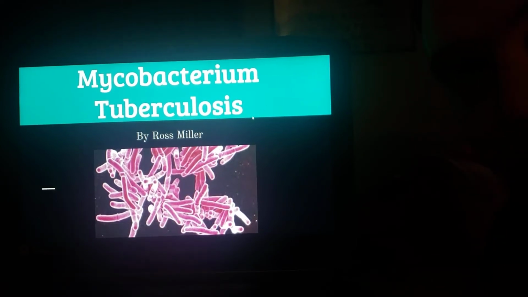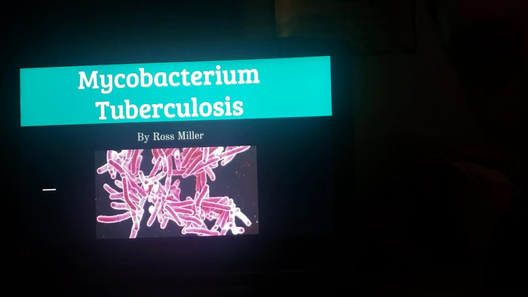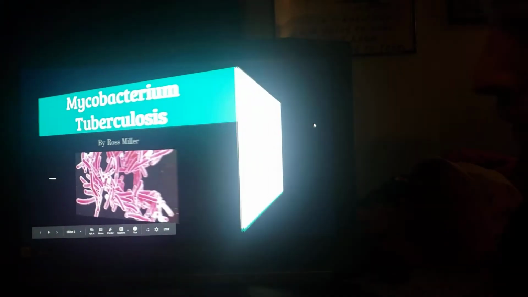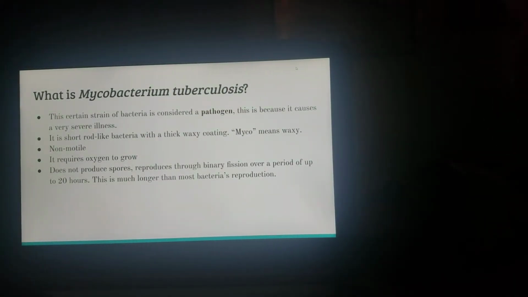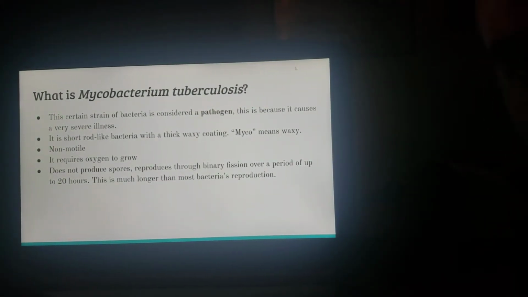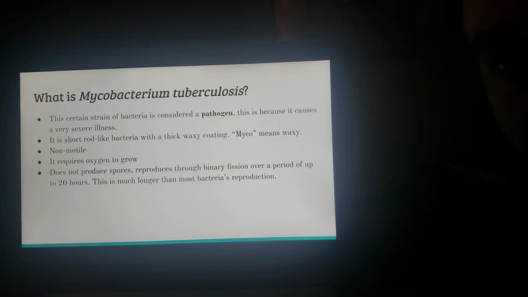This is my presentation on Mycobacterium tuberculosis. Right here you see a crude picture of what the bacteria looks like. So what is it? This certain strain of bacteria is considered a pathogen because it can cause illness. It's a short rod-like bacteria.